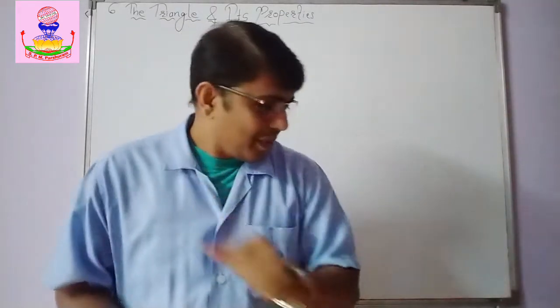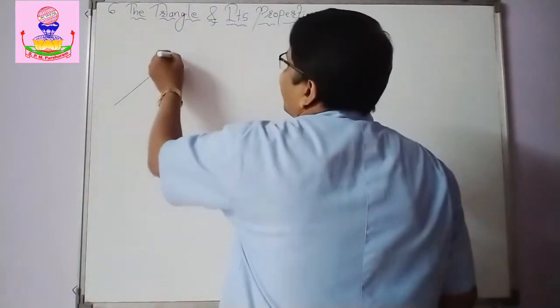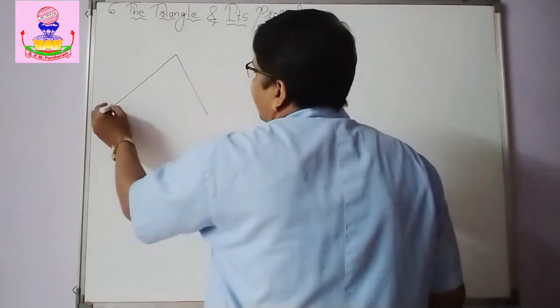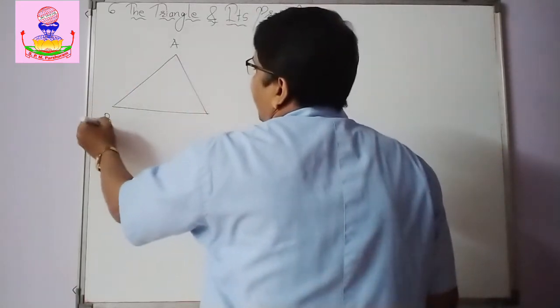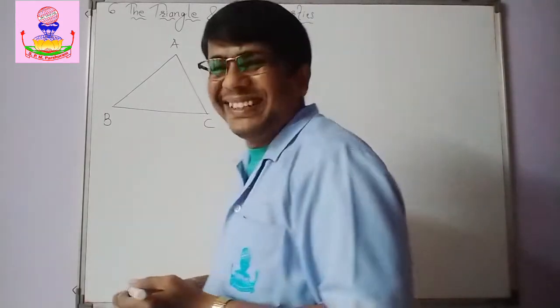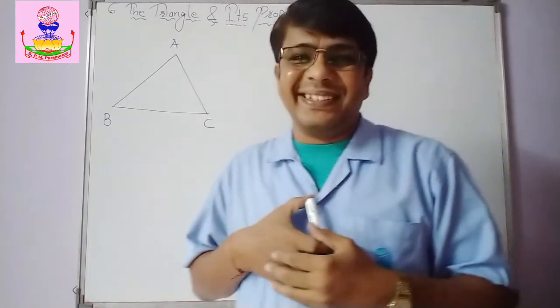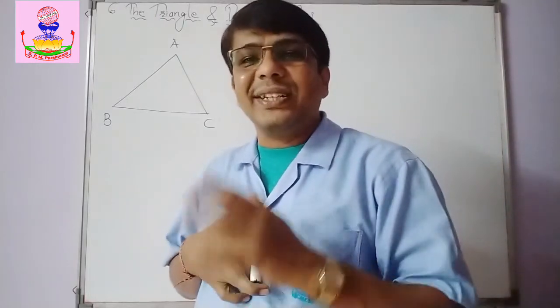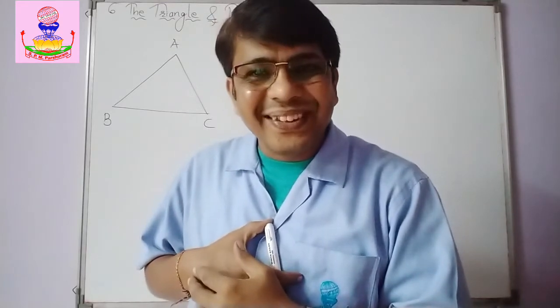This is the figure, this particular figure, which is a simple closed curve, called the triangle. Now, each one has its own elements. A triangle has 6 elements. Do you know them?